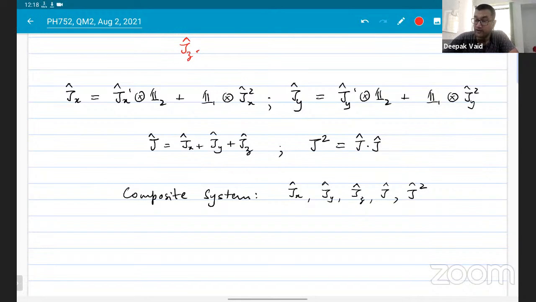How do I find the states? I need to figure out a way to label my states. So how do I figure out the label? Anybody? Pooja? Bhatendra? Karthik?